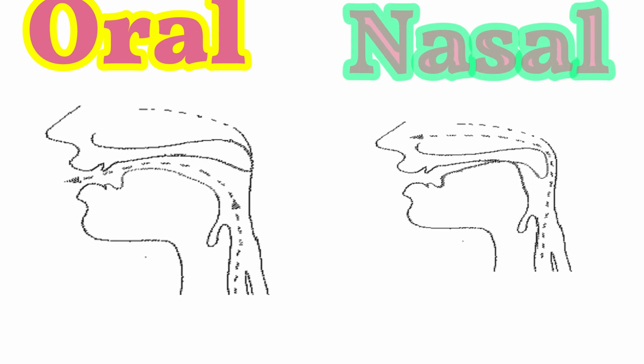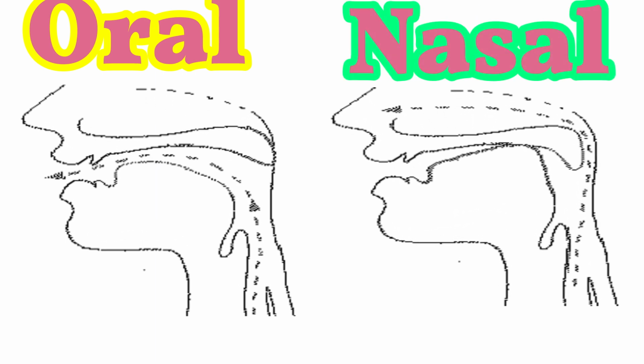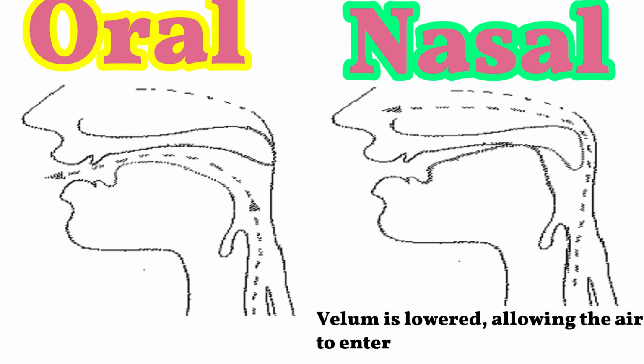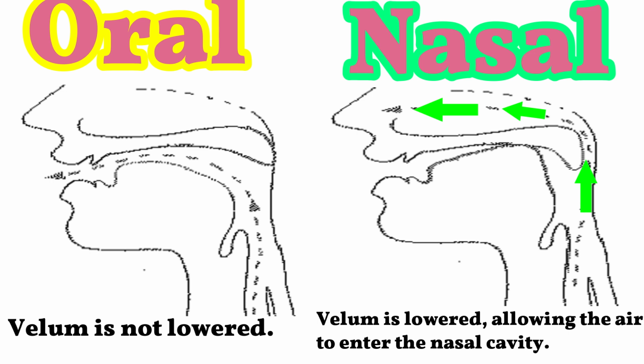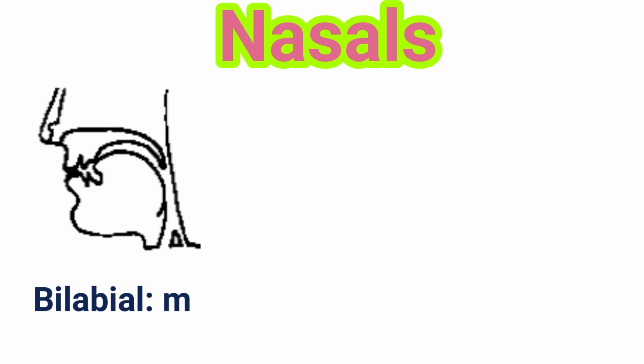Oral or nasal. Sounds can be either oral or nasal. Now, when the velum is lowered, allowing the air to enter the nasal cavity, these are nasals. If it is not lowered, the sounds are oral. Nasals. Some bilabials are also nasals. Listen to this one.